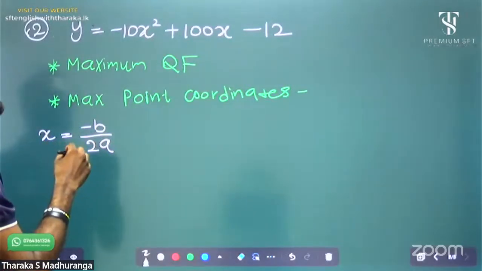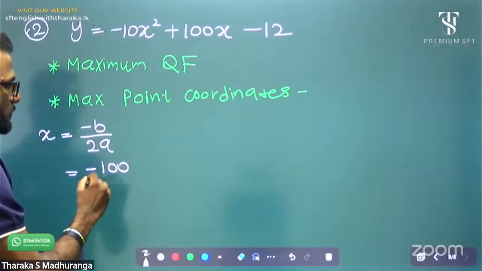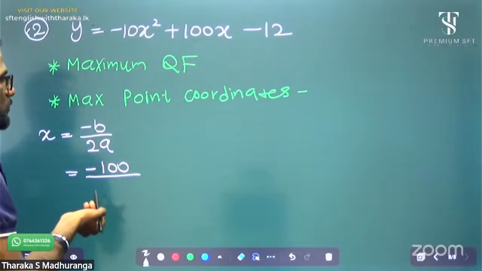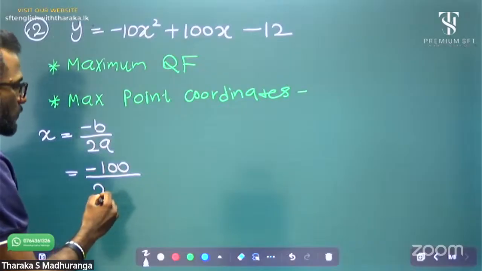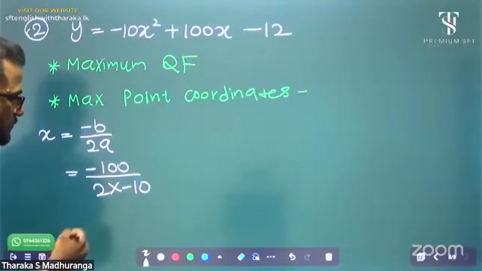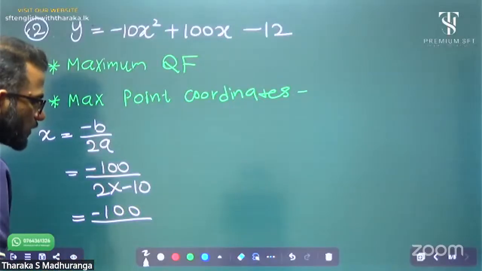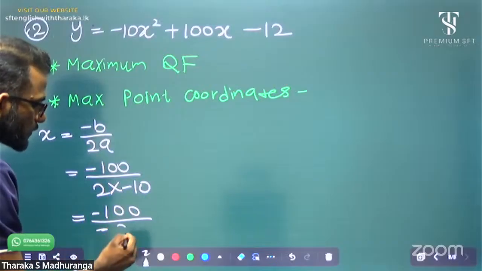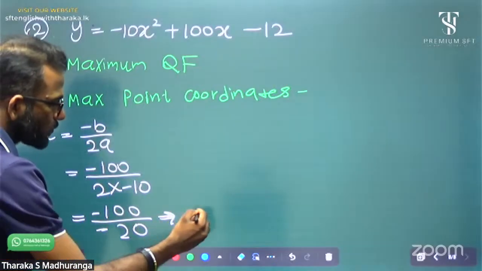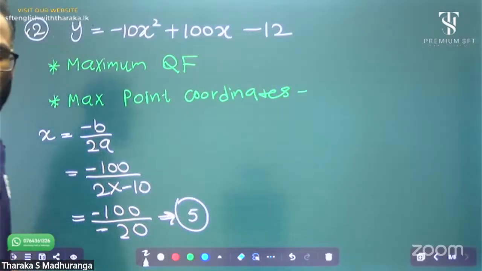Minus b, minus 100, divide by 2a, 2 into minus 10, minus 100 divide by minus 20. It's plus 5.